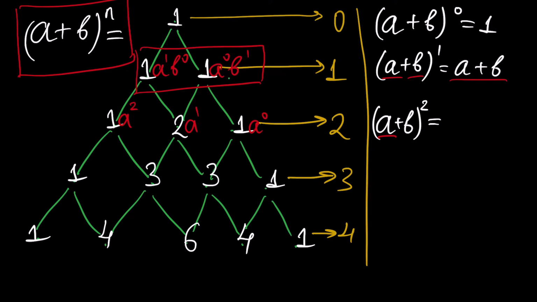And element b is written in the opposite way. This is b to the power 2, b to the power 1, and b to the power 0. And it will be the formula for our shortcut multiplication. This is equal to a to the power 2, a squared, plus 2ab plus b squared.